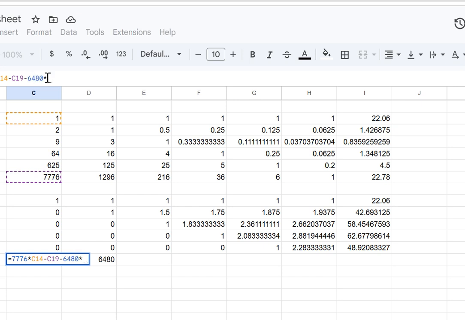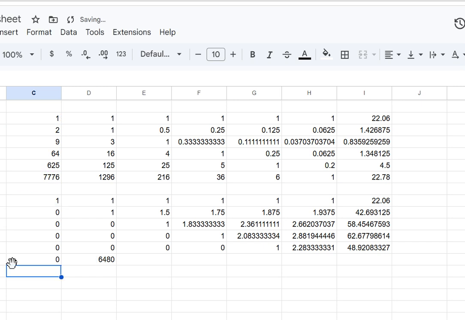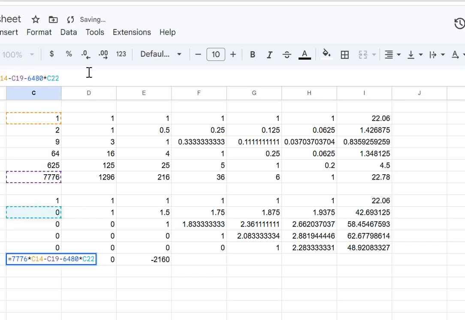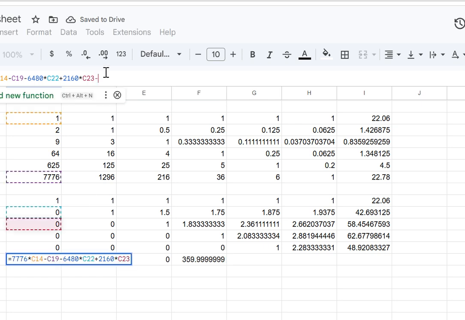6480 times this row. Plus 2160 times the third row. 359 7 times this row.